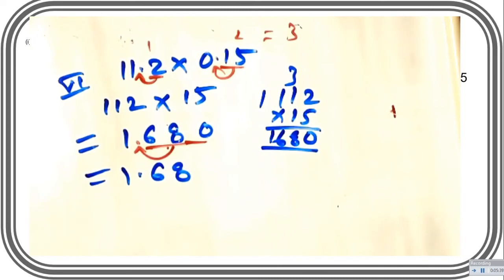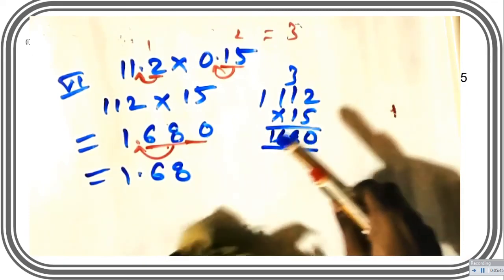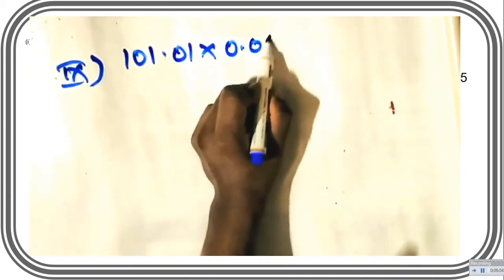Now one more part I am going to solve, and I am taking the ninth. The question is 101.01 multiplied by 0.01.